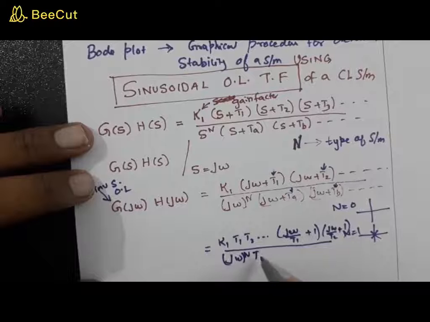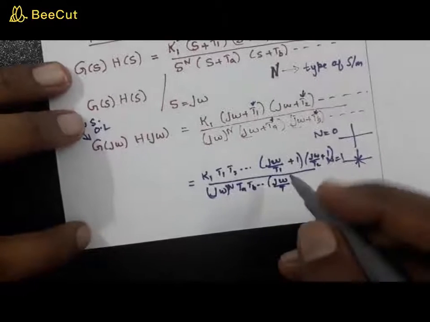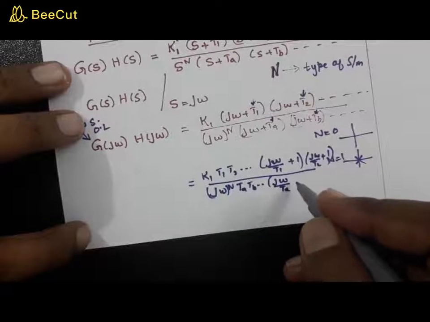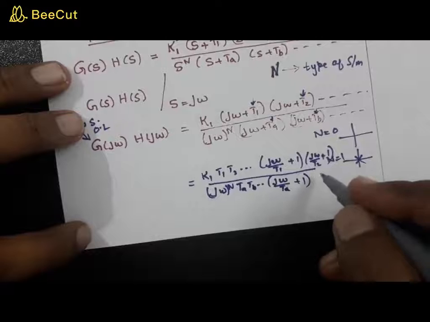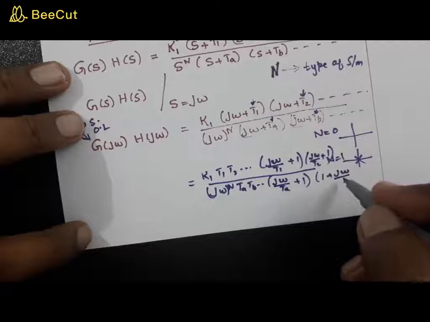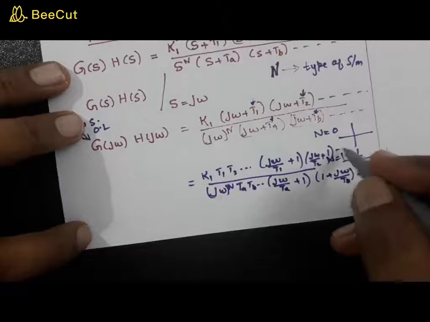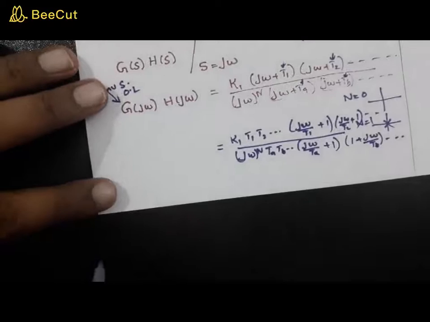You can take Ta, Tb, etc. outside, so that this becomes j omega by Ta plus 1, or 1 plus, whatever you can call it, no problem. So this will be 1 plus j omega by Tb, and so on.